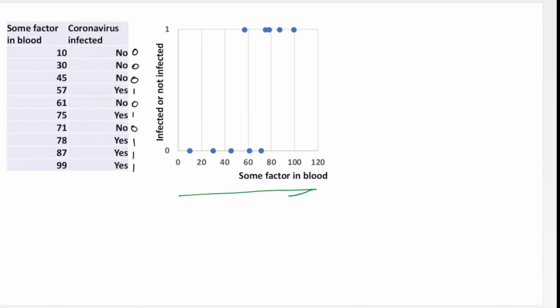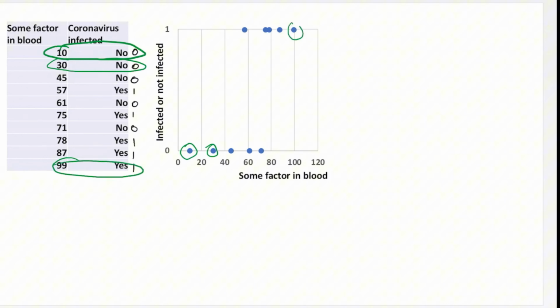Notice that in the horizontal axis we have this particular blood factor, and in the vertical axis we have either infected or not infected, that particular information. 0 indicates not infected and 1 indicates infected. 10, 0 is right here, 30, 0 is right here, 99, 1 is right here. Similarly, 87, 1 is right here, so on and so forth. So all these points are actually coming from this particular data set.